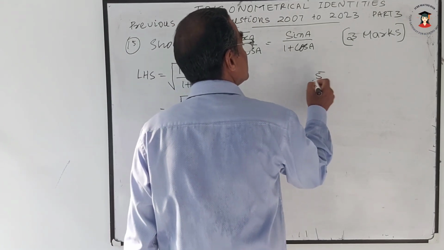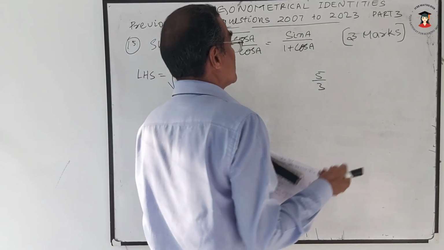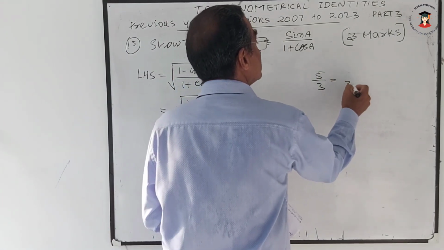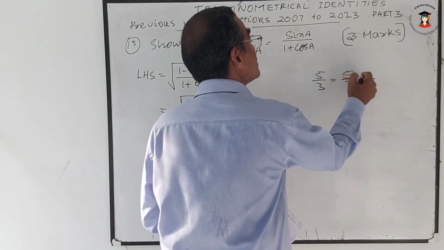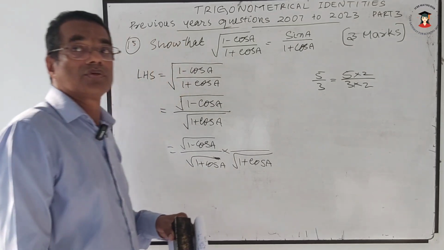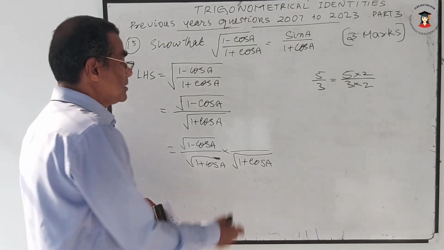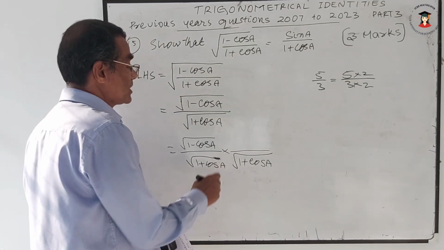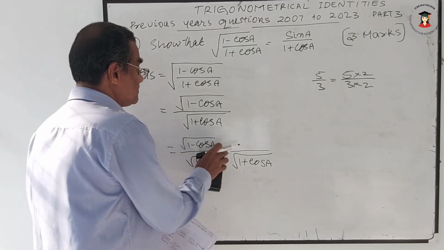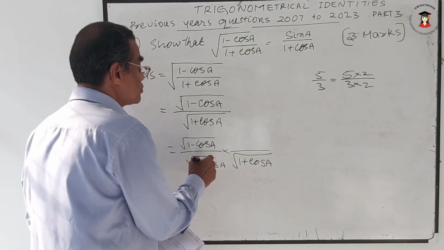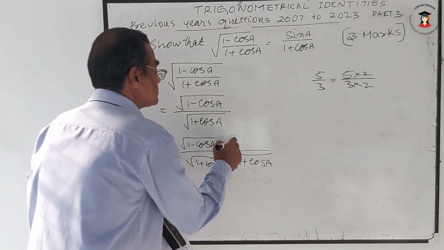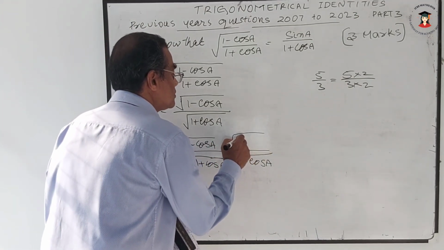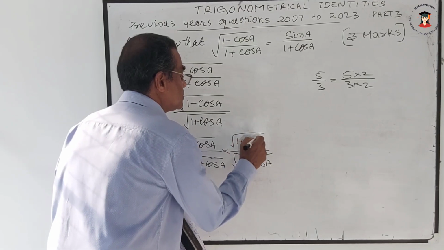Suppose 5 by 3, if I am multiplying this 3 with 2, then I need to multiply the numerator also with 2. In the same way, since I multiplied root of 1 plus cos A to the denominator, I need to multiply the numerator also with the root of 1 plus cos A, which gives root of 1 plus cos A.